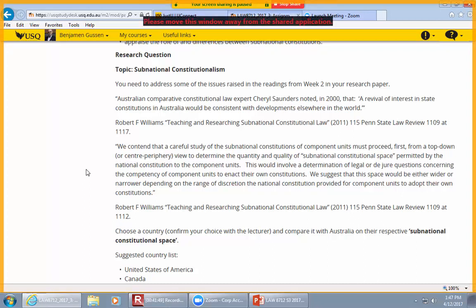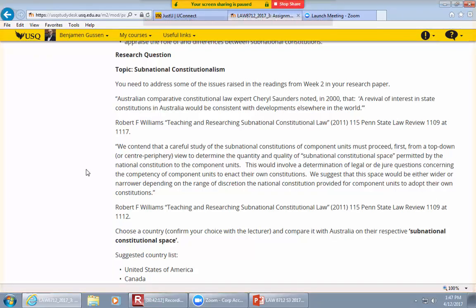So we've had that long time ago, right? I can still remember the Constitutional Validities Act of 1865, for example, saying that states can amend their own constitutions. But he says, we suggest that this space, what space? Subnational constitutional space.